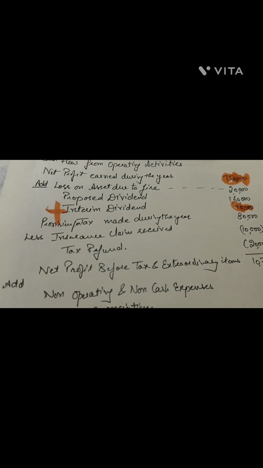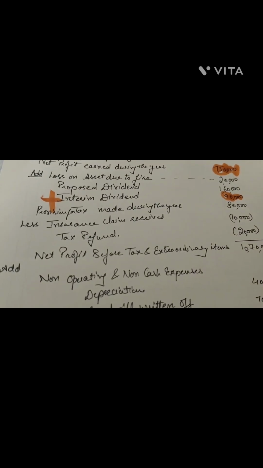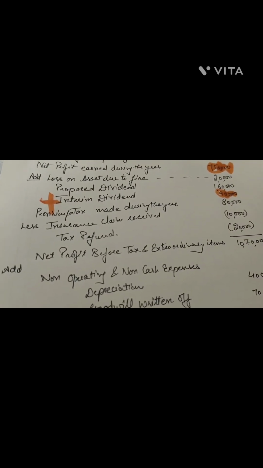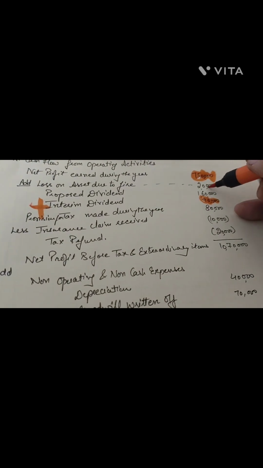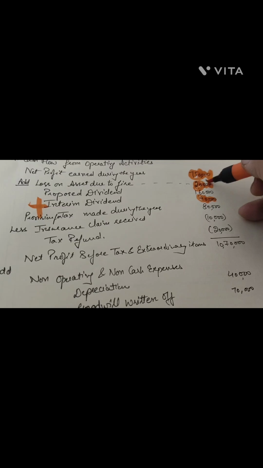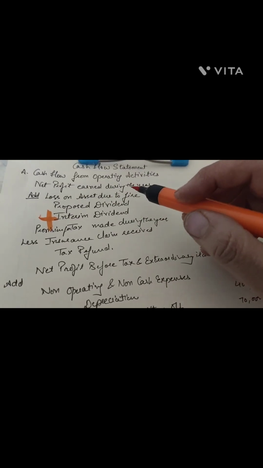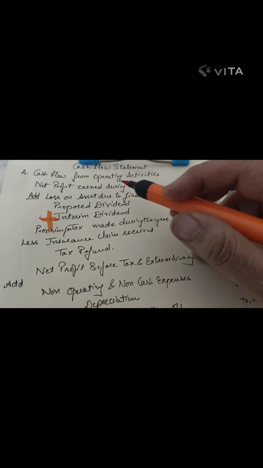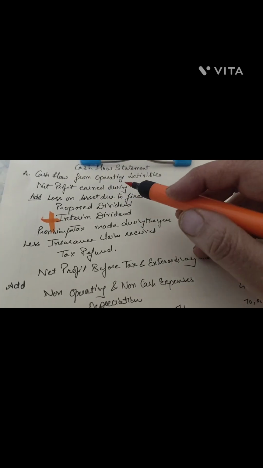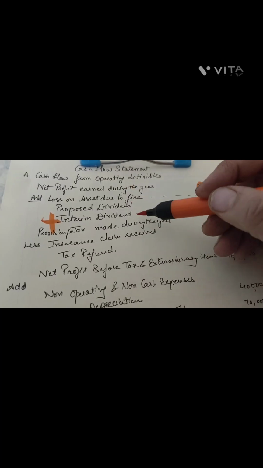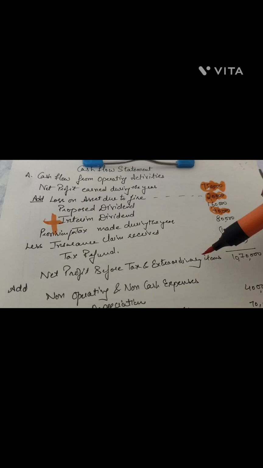The next point we had in the question was about your loss on machinery due to fire. Now loss on machinery or asset due to fire was given 20,000 rupees. So this loss on asset due to fire is your extraordinary item. This loss on asset due to fire is added in the net profit for the calculation of net profit before tax and extraordinary items.